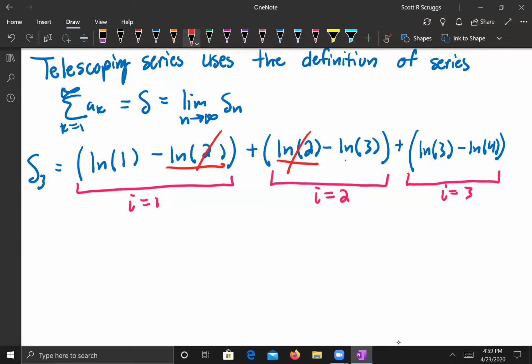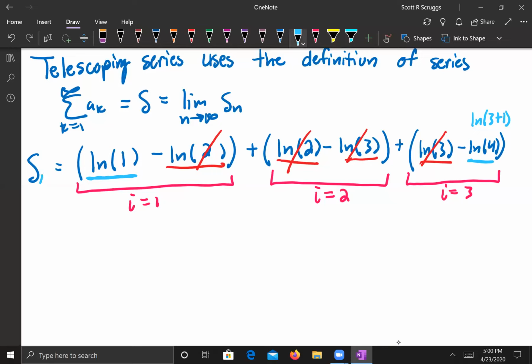I have a minus natural log of 3 and a plus natural log of 3, and those are gone too. So for the third partial sum, only two terms remain: natural log of 1 minus natural log of 4, which is natural log of the index plus 1, and in this case the index is 3. That seems to be my pattern.